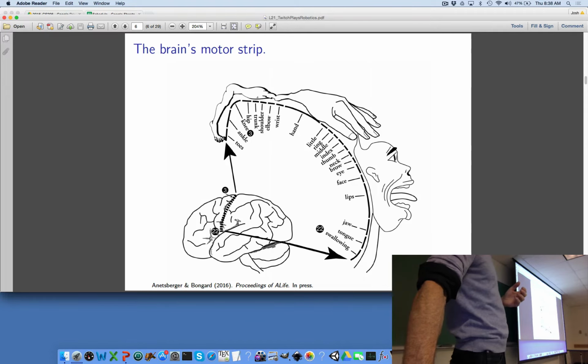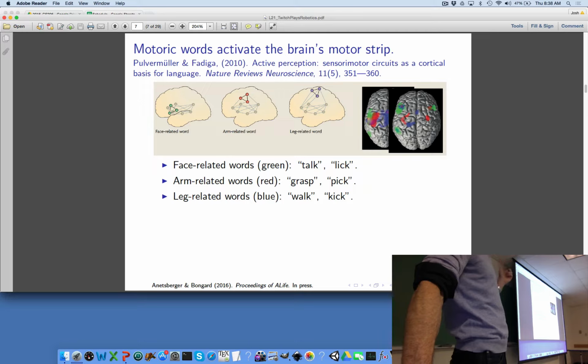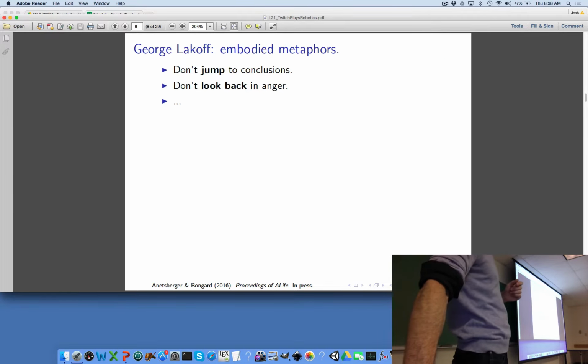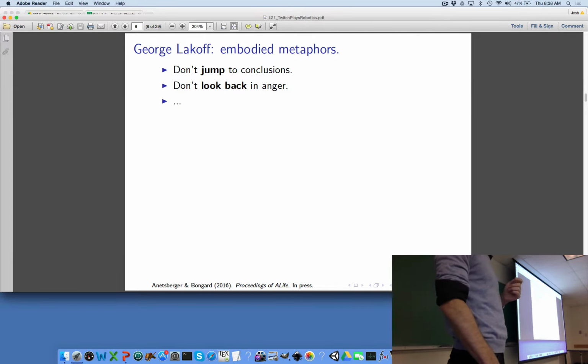Okay. We talked about the motor strip. We talked about this evidence that comes from neuroscience that says action seems intimately related with our understanding of words. When you mention motoric words, the motor strip lights up. We looked at linguistics, which is providing another line of evidence that action is an important aspect of language.